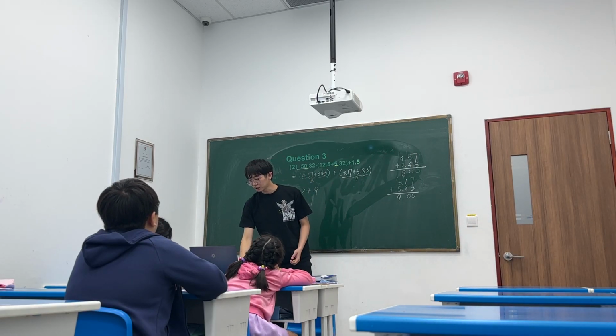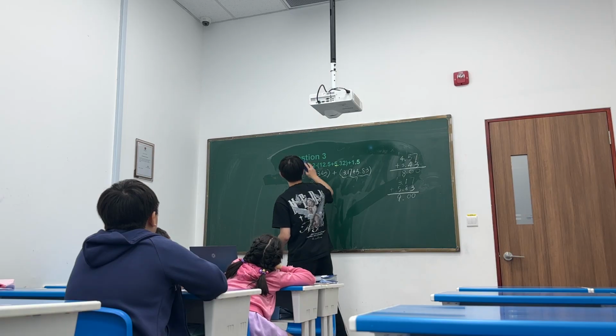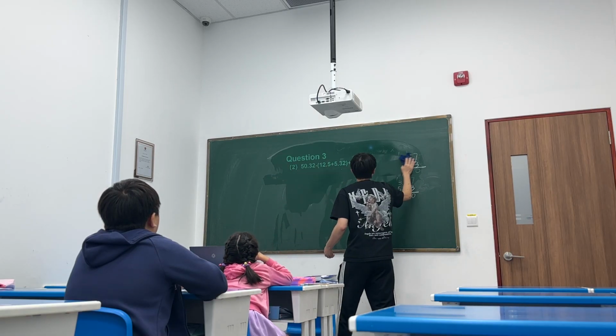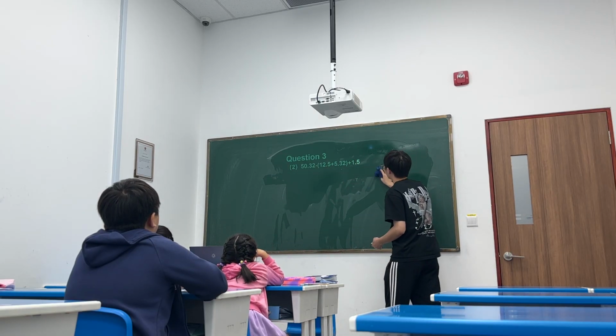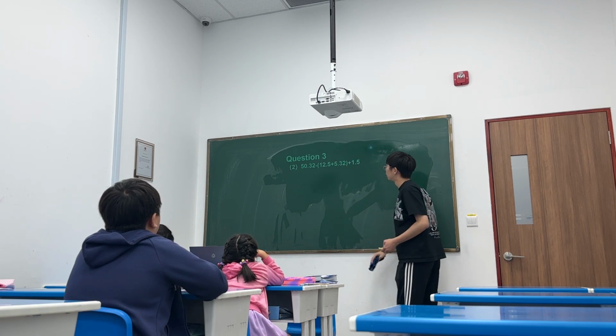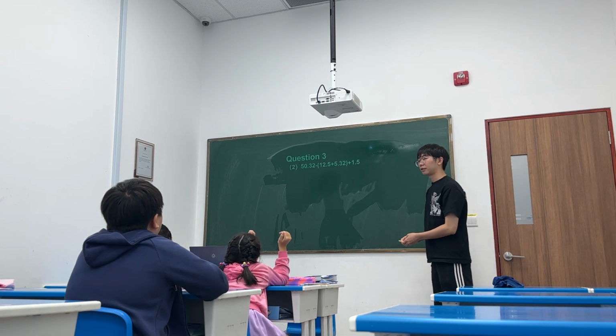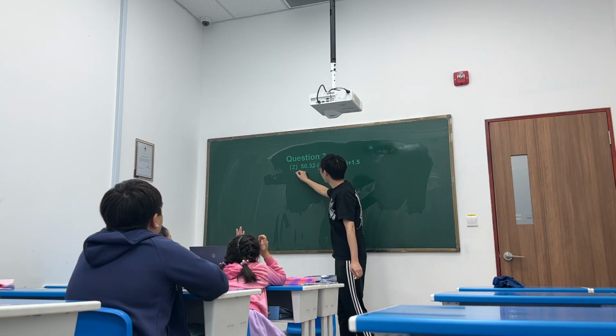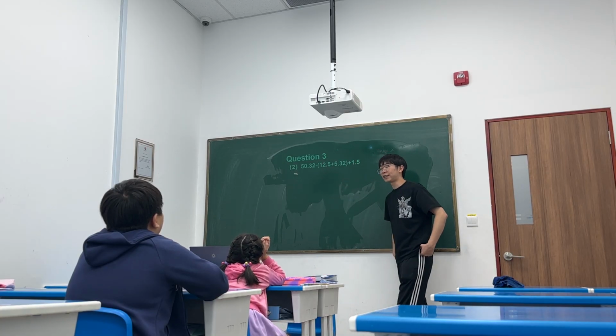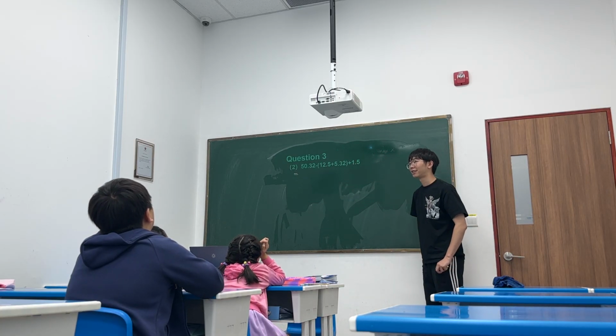Alright, now let's take a look at the second question. The second question involves subtraction. Alright, and brackets. So we'll see this question. Do you have any idea to solve it, Richard?